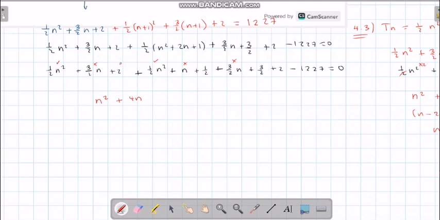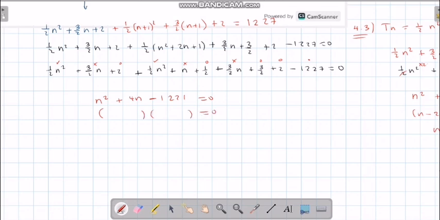Now let's check. We have 2, we have half, 3 over 2, 2, and then negative 1227. So 2 plus half plus 3 over 2 plus 2 minus 1227, which is negative 1221, equals 0. Then from this step you can write the quadratic formula and substitute, or you can use the quadratic formula and reverse your answer.